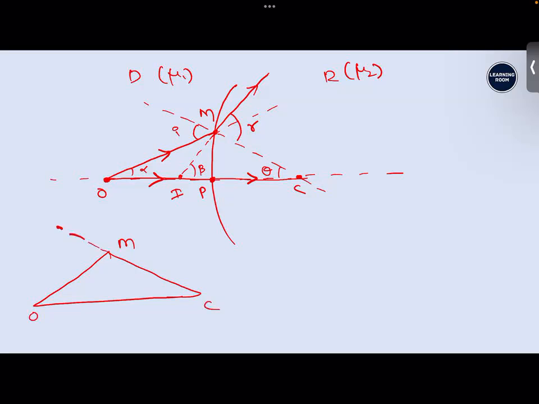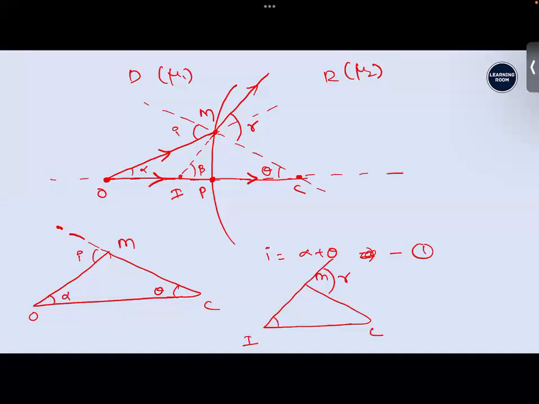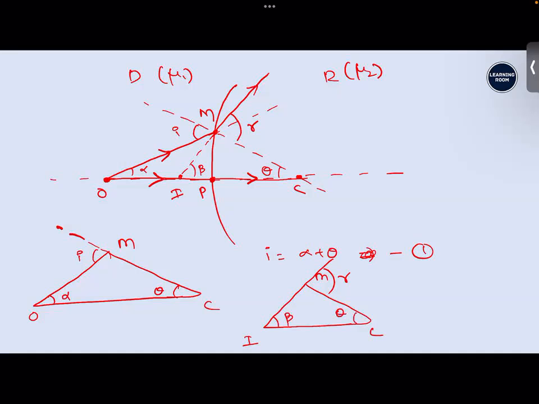This will be i, this will be alpha, this will be theta. So what is the relation between them? i is equal to alpha plus theta. Let this be equation number 1. Similarly, if you consider the triangle MIC, this angle will be r, this angle will be beta, this angle will be theta, which implies r is equal to beta plus theta. Let this be equation number 2.